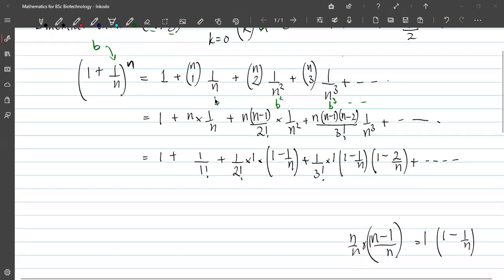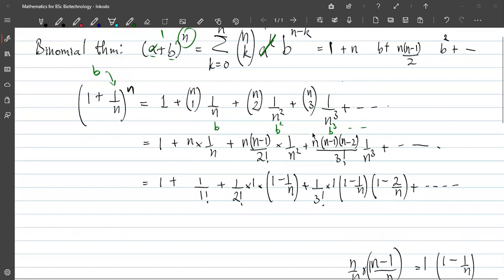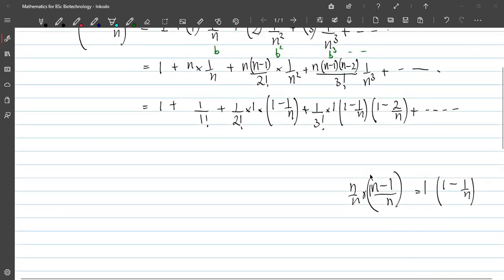So that's what. Every term has a 1 by n or 1 by n square or 1 by n to the power k in general in it. And it also has nck in it. So when you have nck, that expands into this, which has k different brackets. So the general term, if I write it, this is the pattern, as you can see very clearly.